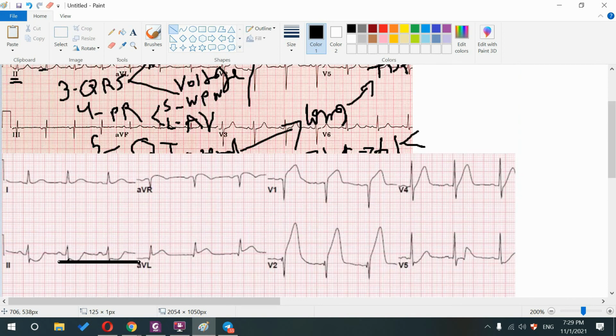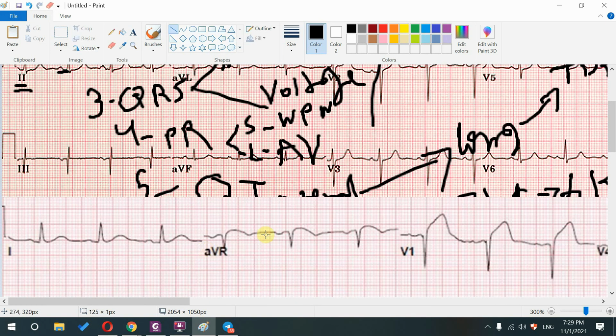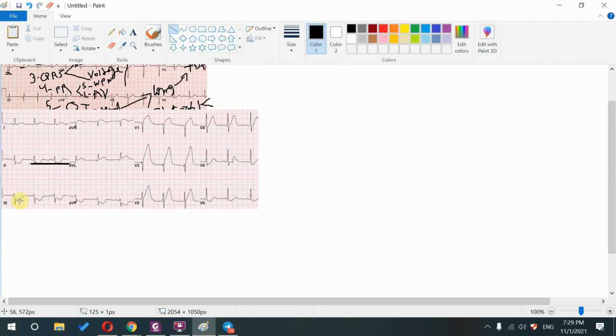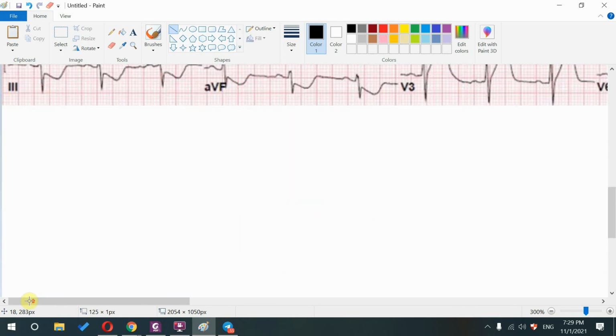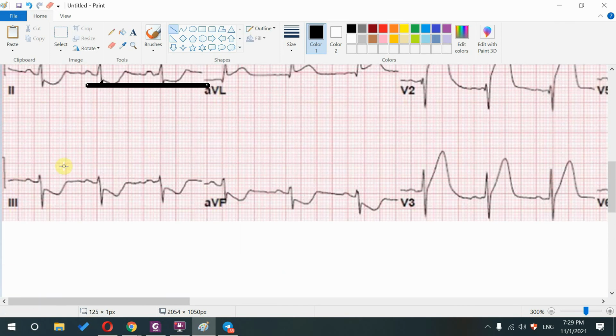The same exact thing. Let's play it, but on a different lead. So that was easy because that lead you know, guys, but let me give you a totally different lead. This is lead number 3. So you guys know this is the QRS.